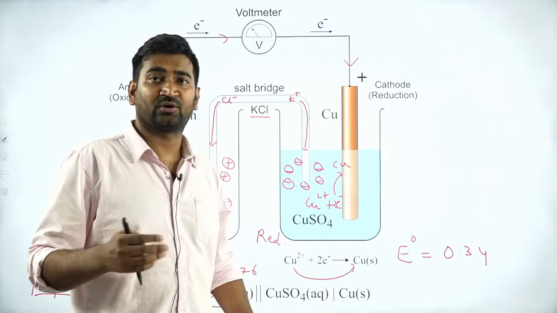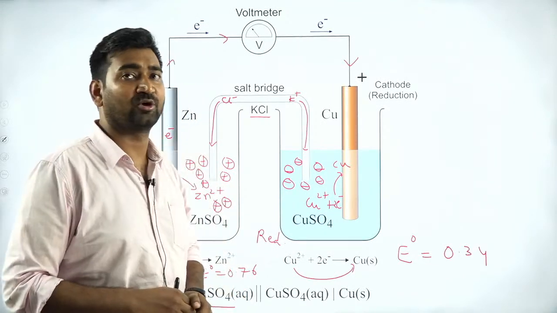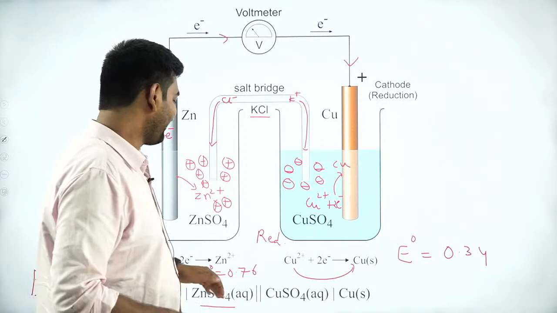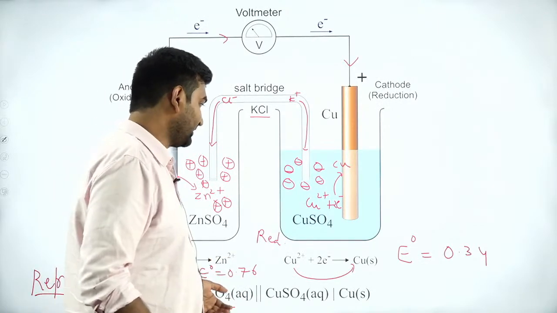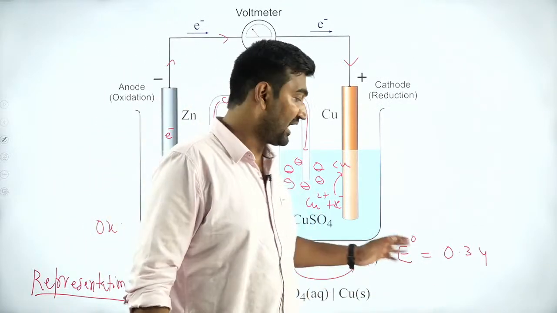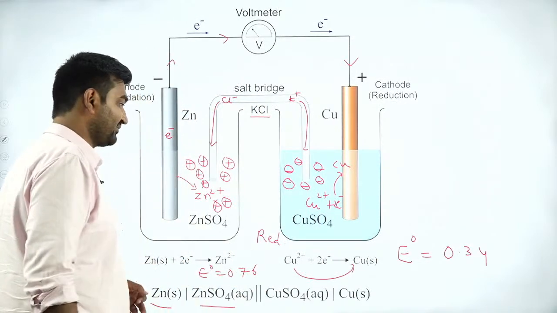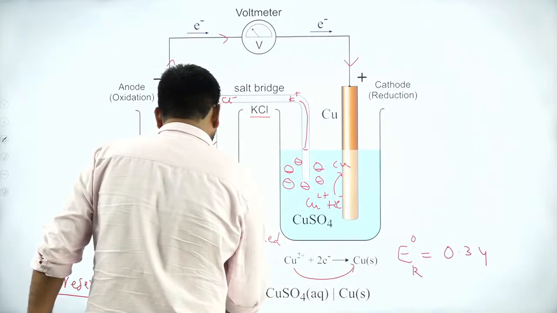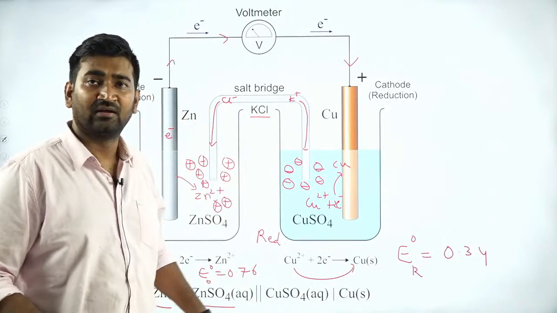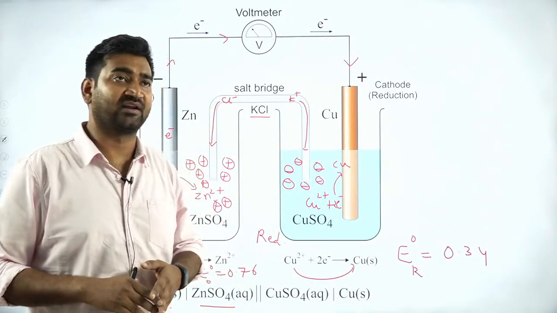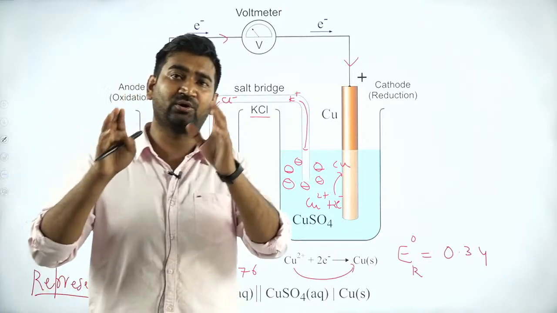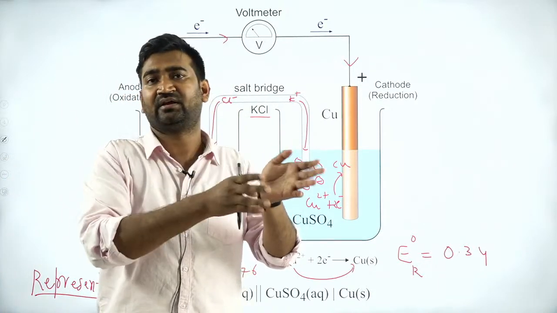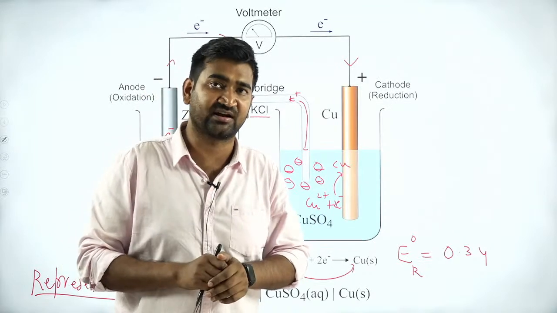When we calculate the total cell potential, it will come out to be 1.1, because we have to add the E oxidation and the E reduction. I have written the E reduction and E oxidation values here. This is the E reduction value and this is the E oxidation value, and there is a formula for cell potential: E cell will be equal to E naught oxidation plus E naught reduction.